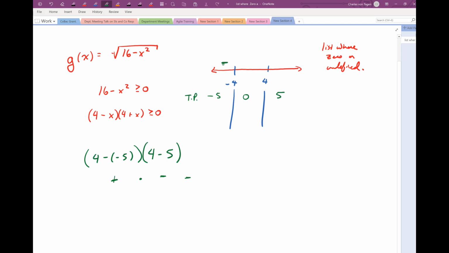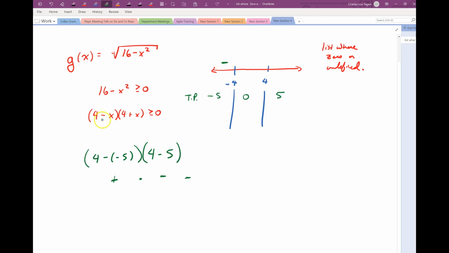So even though my test point was negative 5, had it been negative 6 or negative 7 or negative 4.5, no matter what value I pick, I would always get a negative expression, which means that this region right here will always return negative values.